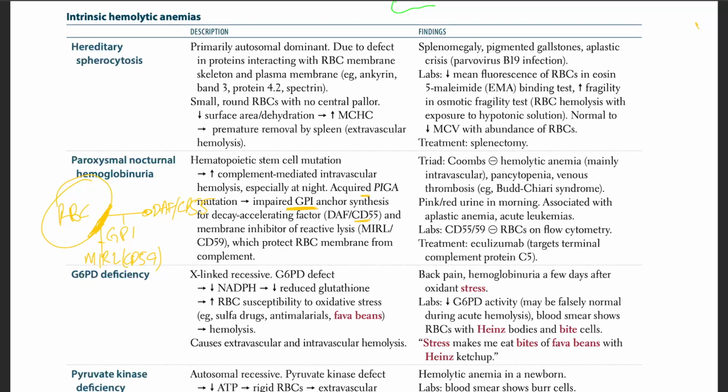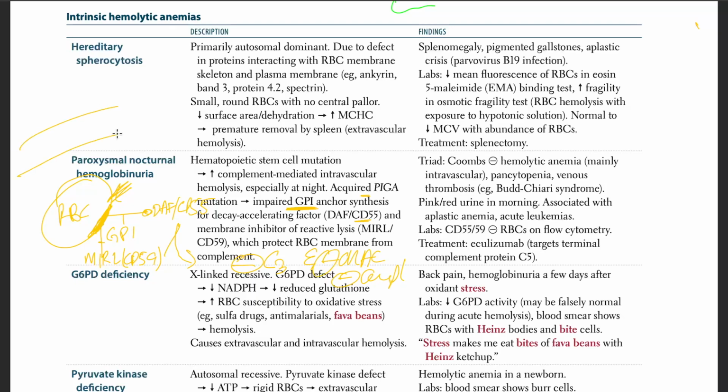And the only job of these two things is to inhibit C3 and inhibit the MAC formation, or to inhibit the complement system activation against the RBC membrane. So they're just inhibiting the complement activation against the RBC.